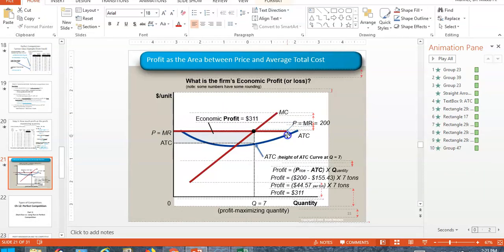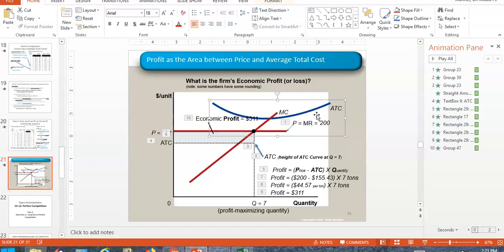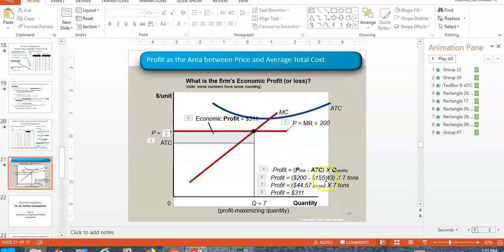What if, instead of average total cost being here, average total cost was up here? Where would we maximize profit? Well, if we're going to keep producing, we would still maximize profit at the quantity at which, I'm going to get rid of this for a second, these numbers would no longer be true on the cost side.